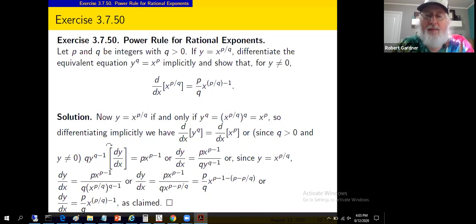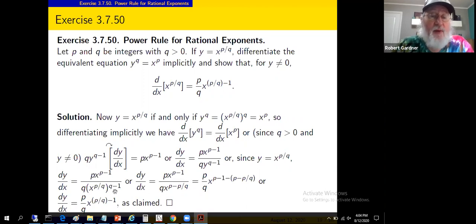We had an explicit form for y in terms of x. Let's substitute that in. So let's replace the y with x to the p over q. So this can be rewritten, dy dx equals, same numerator, q, replace the y with x to the p over q.